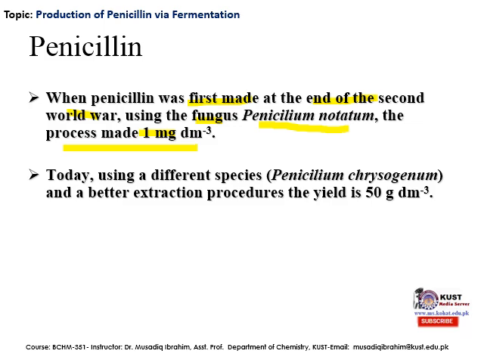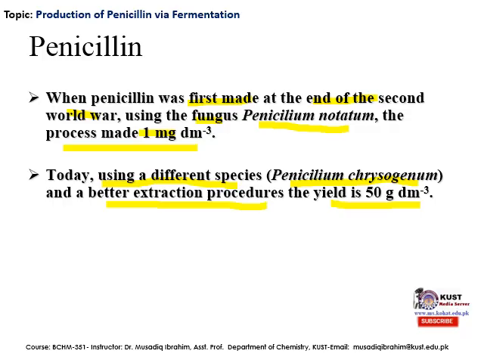Nowadays, in the current situation, a different species is used, which is called Penicillium chrysogenum, and along with it better extraction procedures are used. So the yield is now 50 gram per decimeter cube, or 50 gram per liter.